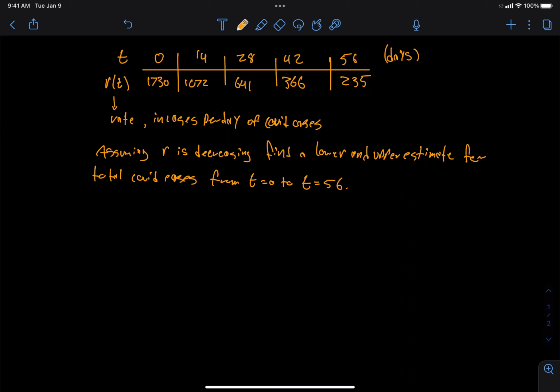Let me just make a couple of comments before we start. So the first thing they tell us is that the rate is decreasing, okay? So that's going to help us infer whether we should use a left sum or a right sum for a lower or upper estimate.